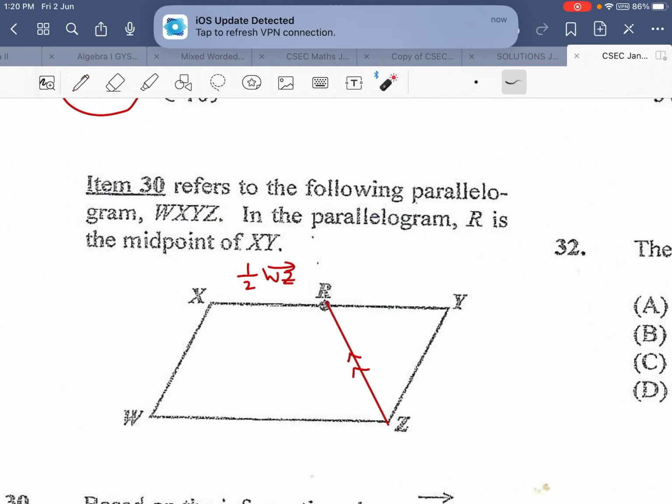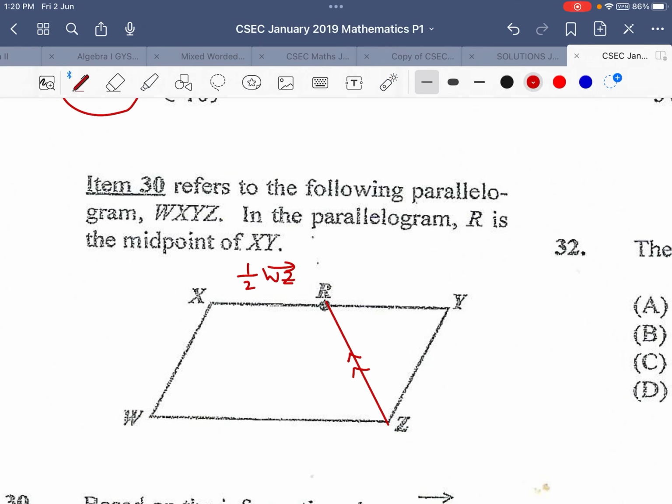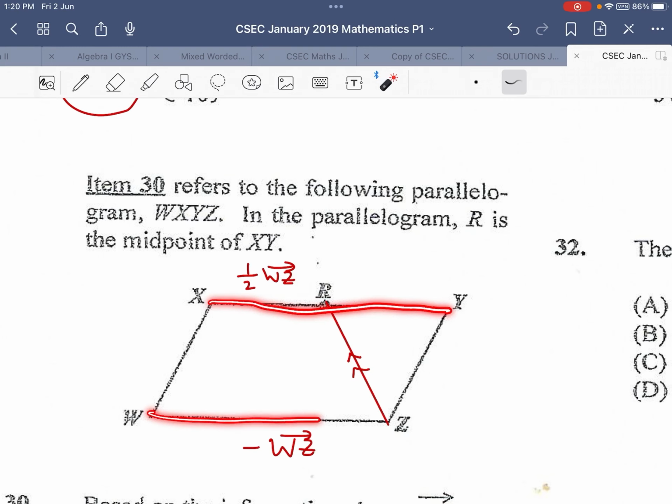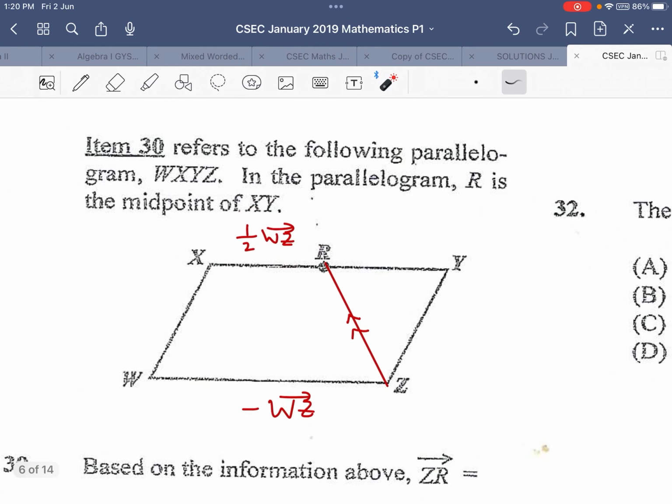And you need to consider the direction that you're going in. So ZW is minus WZ, right? Now the reason we know this is because R is the midpoint, so XR is going to be half of XY, and XY is equal to WZ. Okay, again, starting at X going to Y, starting at W going to Z, so XR is half of WZ, so that's what we get here.